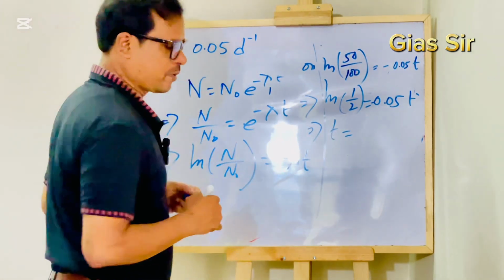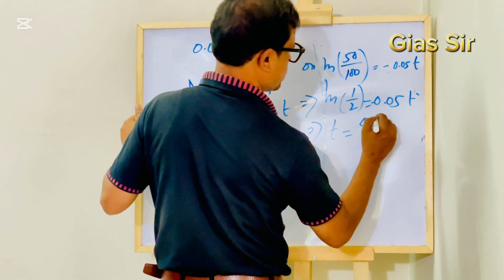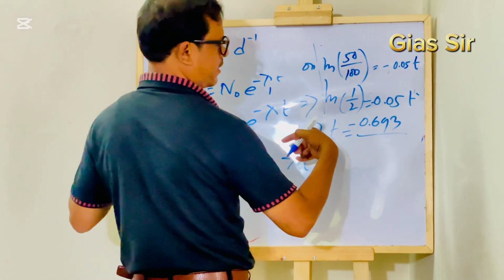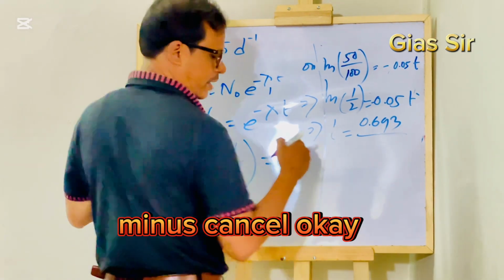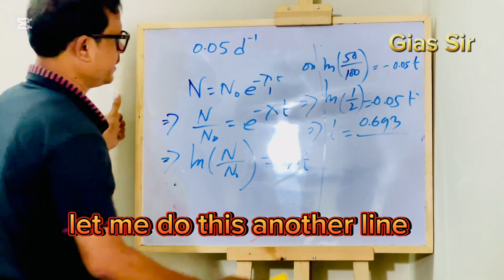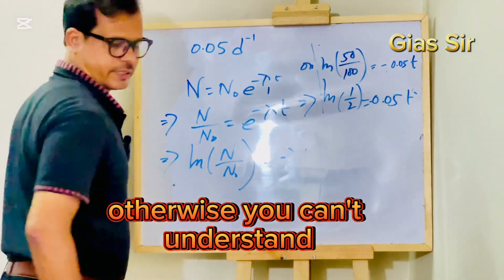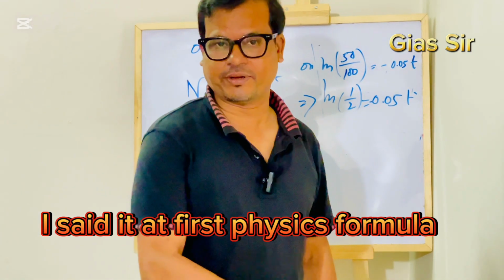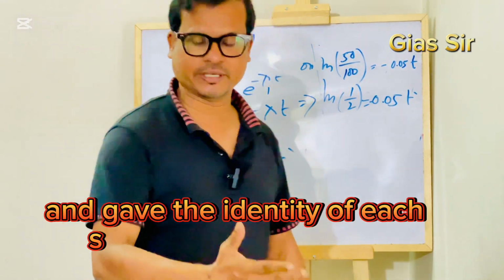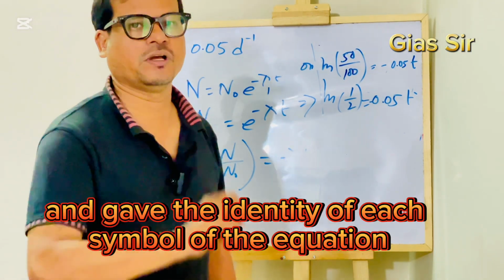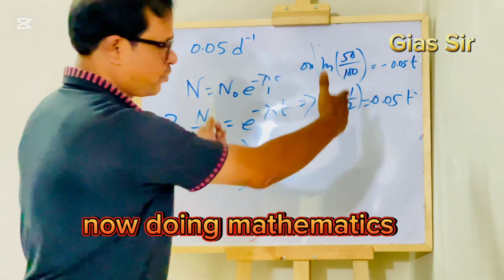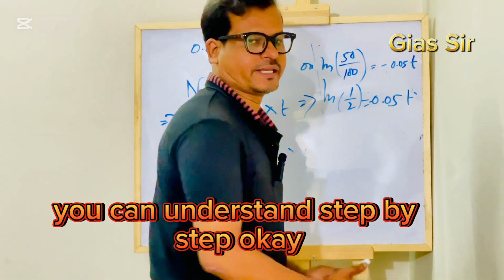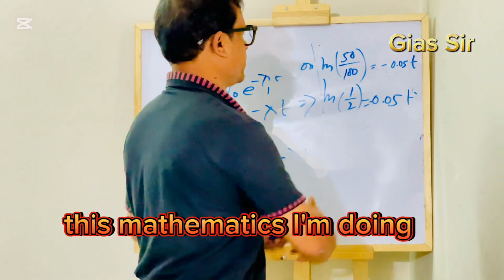Ln half is probably minus 0.693. Divided by the minus sign, we will get the minus cancelled. Let me do this on another line, otherwise you can't understand. I'm doing mathematics, but I said the physics formula first and gave the identity of each symbol of the equation. If you have the concept of mathematics, you can understand step by step.